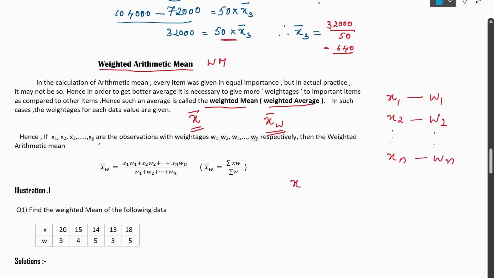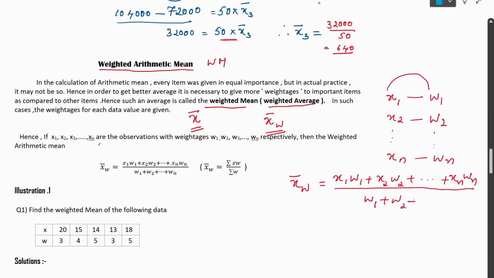Then the weighted arithmetic mean is equal to x1 W1 plus x2 W2 plus etc. plus xn Wn, whole divided by W1 plus W2 plus etc. plus Wn.